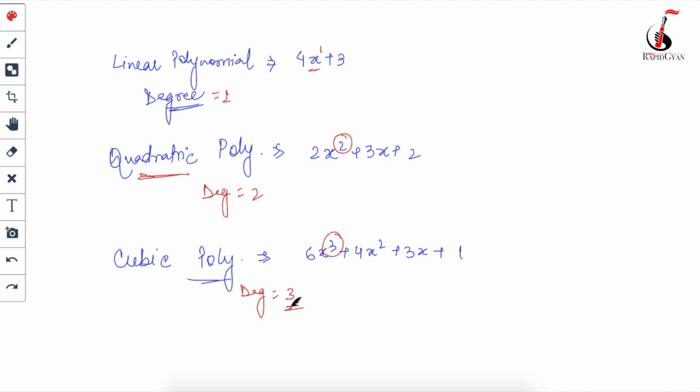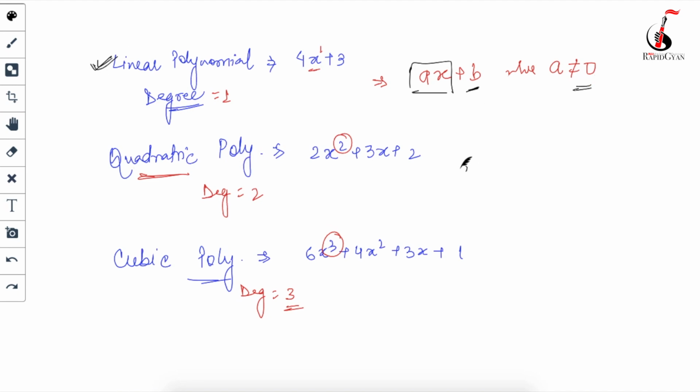What you are seeing from here is that a linear polynomial can be written as ax plus b, where a should not be equal to 0. Why? Because if a becomes 0, then the whole ax part becomes 0, and you are left with just a constant, so it is no longer a linear polynomial. So a cannot be 0.